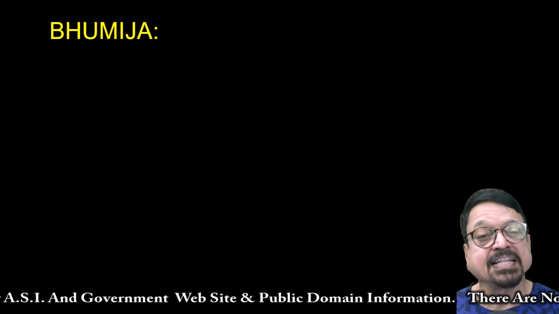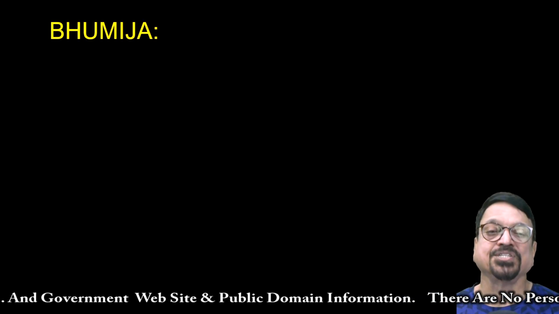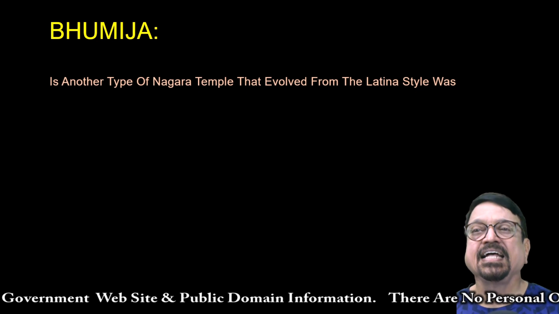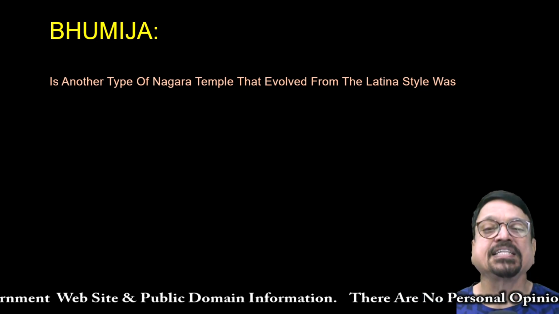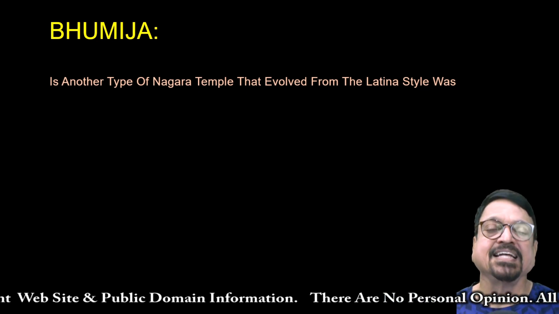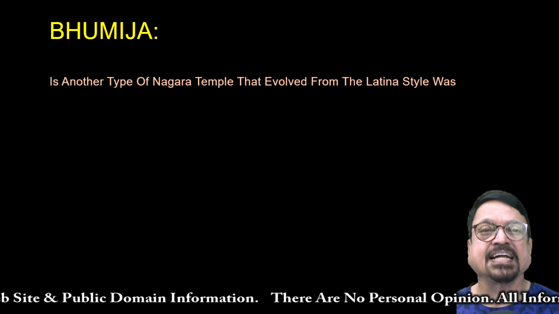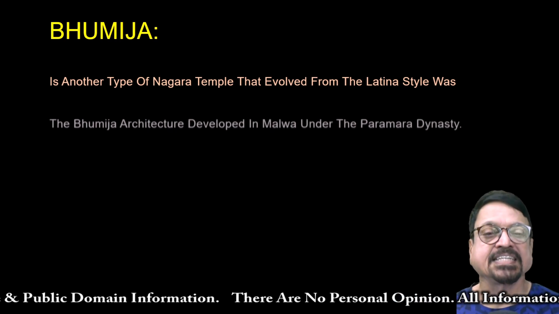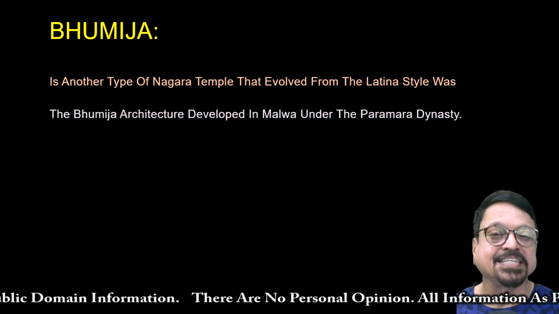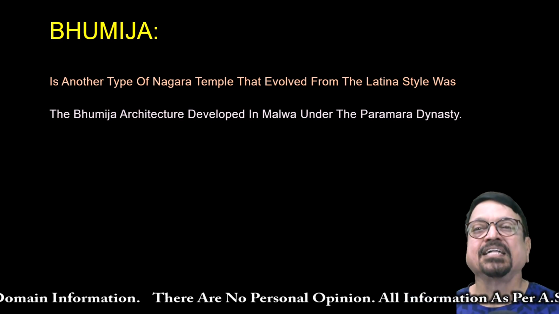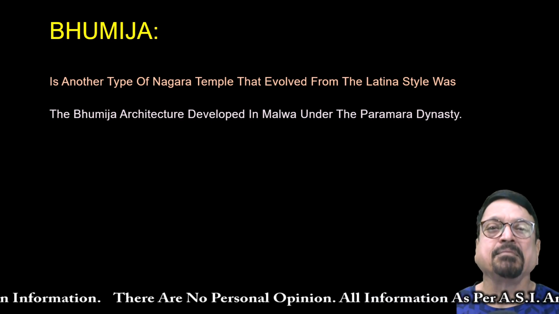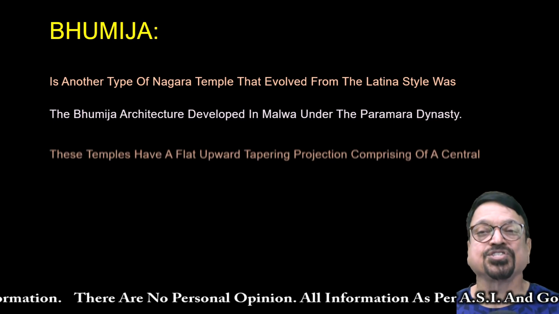Then let's come to another variety, that is Bhumija. What is a Bhumija variety? It's another type of Nagara style. It is a subtype of Nagara that evolved from the Latina style. Latina is something different, Rekha Prasada we saw just now. Now we are at Bhumija. The Bhumija architecture developed in Malwa under the Paramara dynasty.